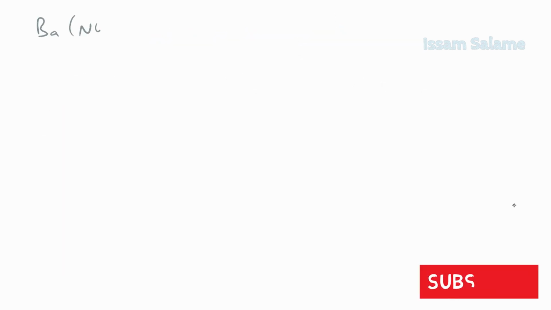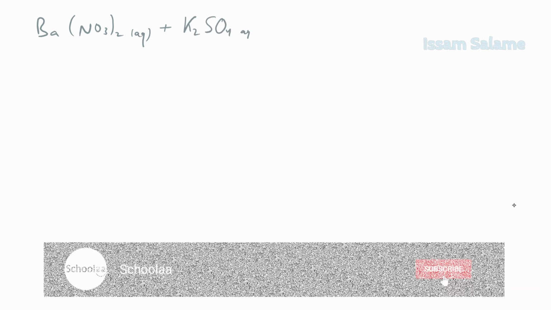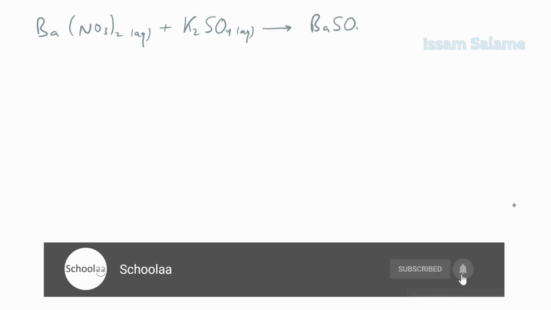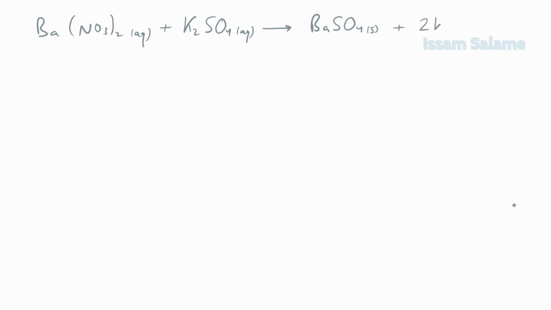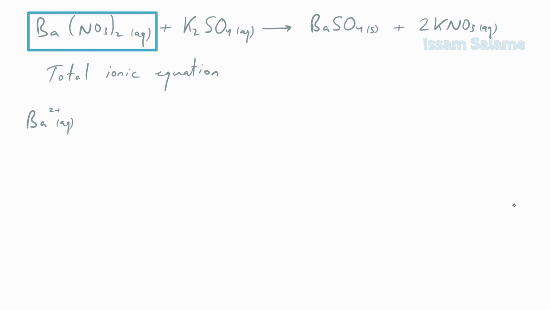Let's have another example, the reaction between barium nitrate and potassium sulfate to produce barium sulfate and potassium nitrate. Here, to write the total ionic equation, as I told you, we should split all the aqueous compounds. Like here, barium nitrate will be dissociated into barium ion and 2 nitrate ions.